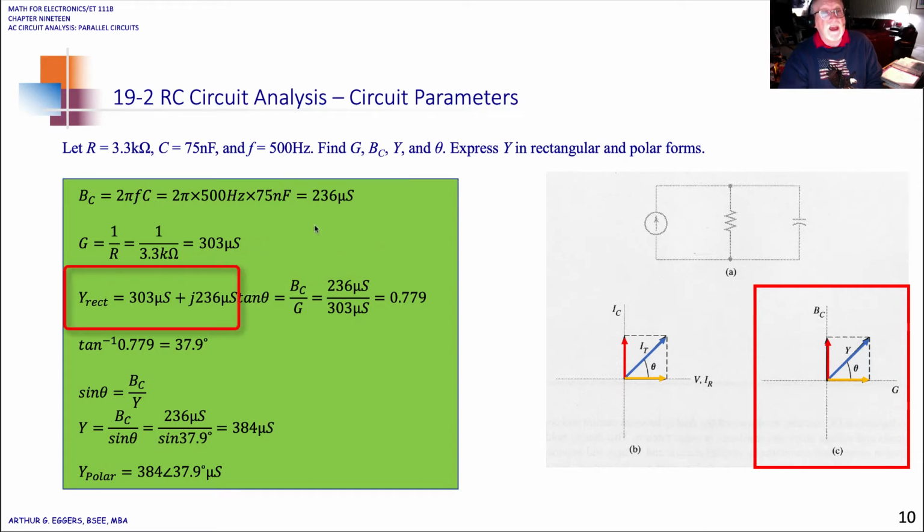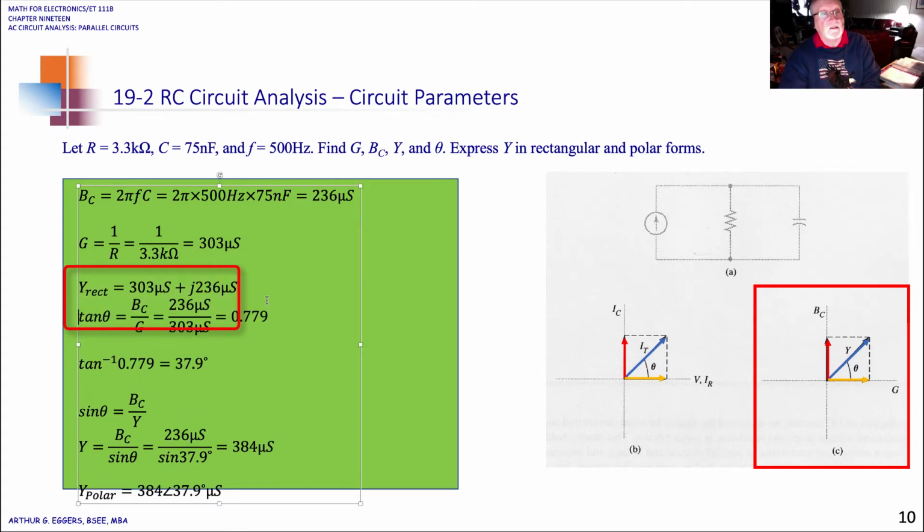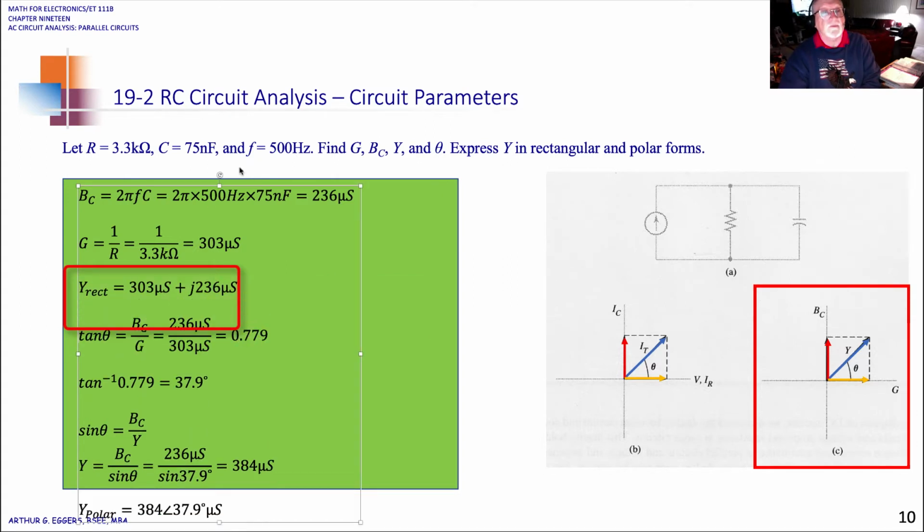So we can take both of those values, and they become the rectangular representation for our admittance as 303 microsiemens plus j236 microsiemens.